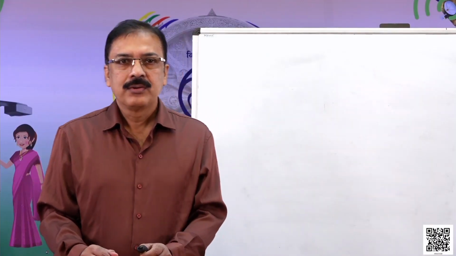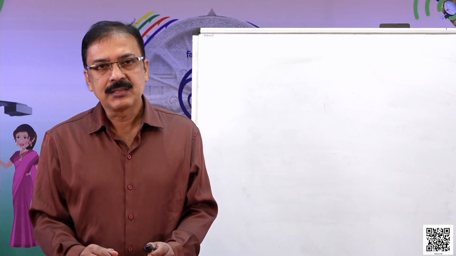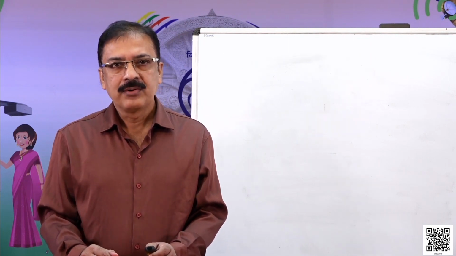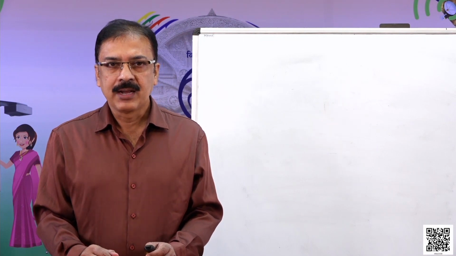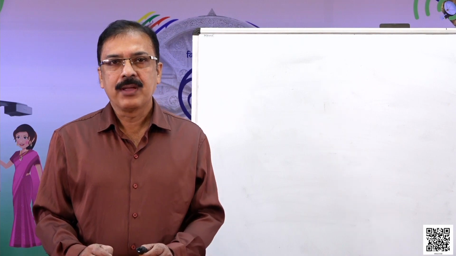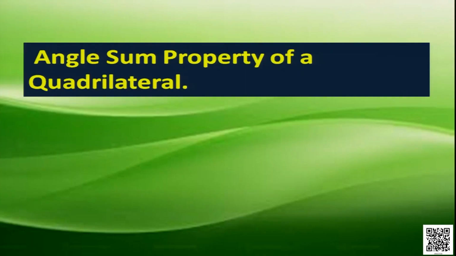Before going to discuss today's lesson, let's see what we have learnt about quadrilateral till now. We learnt angle sum property of a quadrilateral, that is sum of interior angles of a quadrilateral is 360 degree, and we also learnt about some properties of parallelogram.